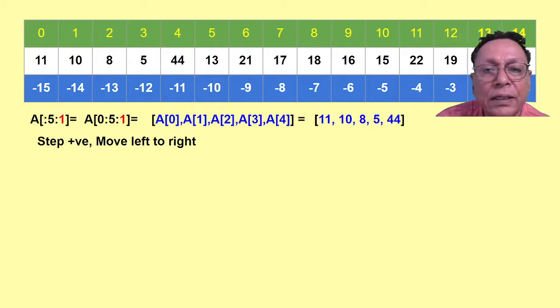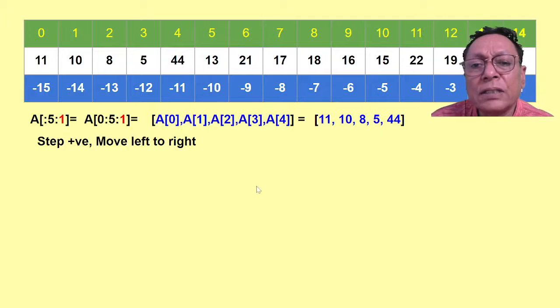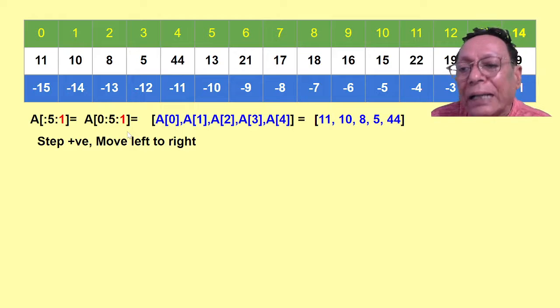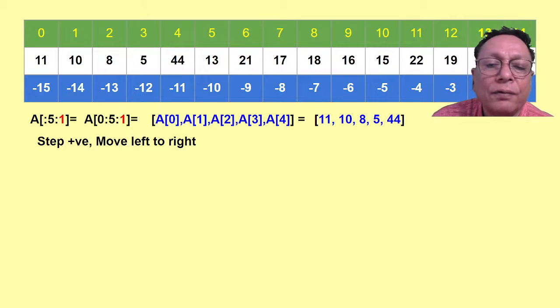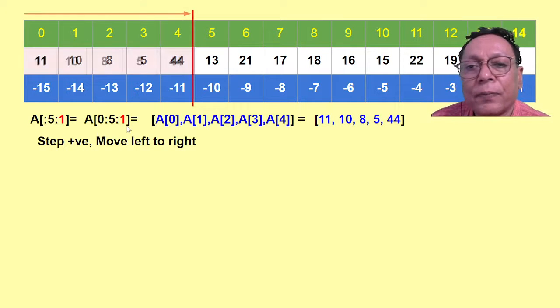So what is on A0? This is 11. On A1, this is 10. On A2, this is 8. A3, this is 5. And A4, this is 44. And that is why we'll get from A[:5:1], 11, 10, 8, 5, and 44 as the slice. Of this slicing, we'll get the values like this.